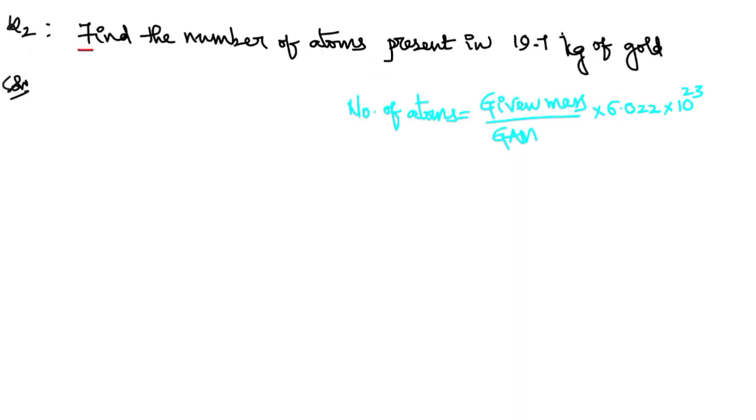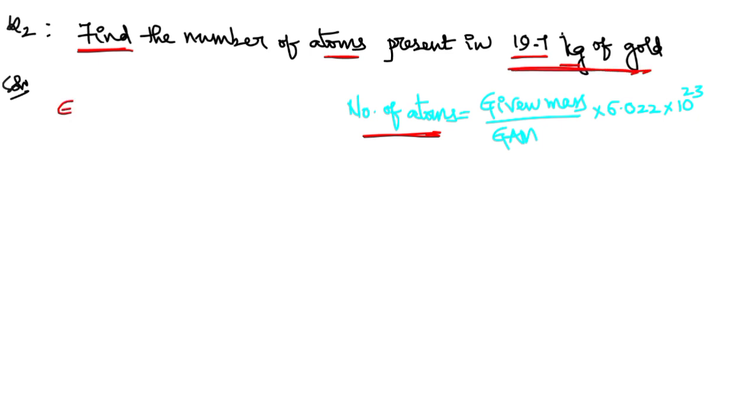Here one question is given, find the number of atoms present in 19.7 kg of gold. For this you can use this formula, number of atoms is equal to given mass, that is 19.7 kg by gram atomic mass, or you can take gram molecular mass also, because gold is monoatomic. For monoatomic elements you can take gram atomic mass or gram molecular mass into 6.022 into 10 power 23, which is called the Avogadro number.